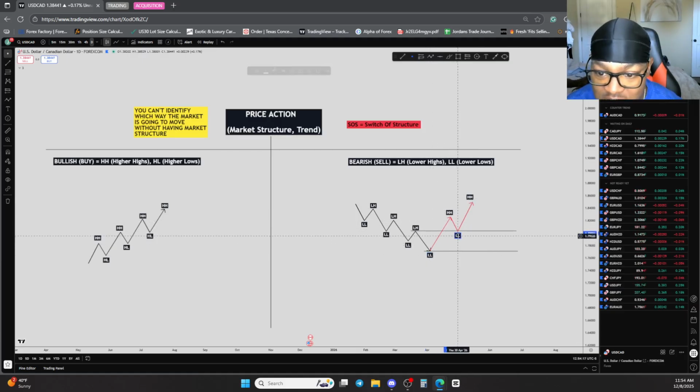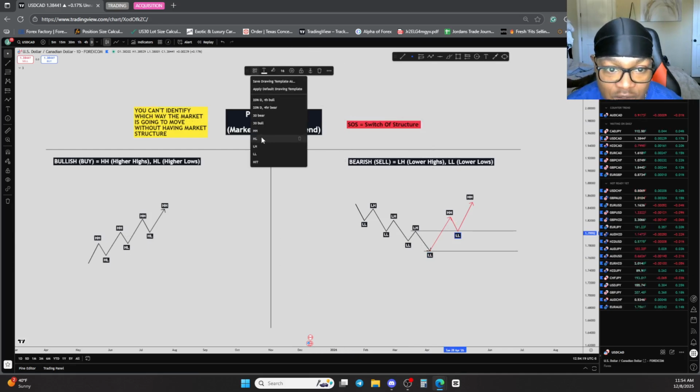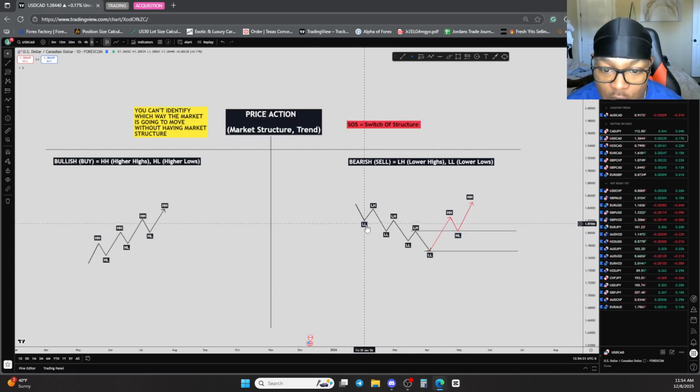We have this being our higher low. Now you see how we go from lower lows and lower highs to now higher highs and higher lows, aka performing the switch of structure. And as we perform the switch of structure, we see that we have new structure points, a higher high and a higher low. When we see something like this, we know now price is bullish.